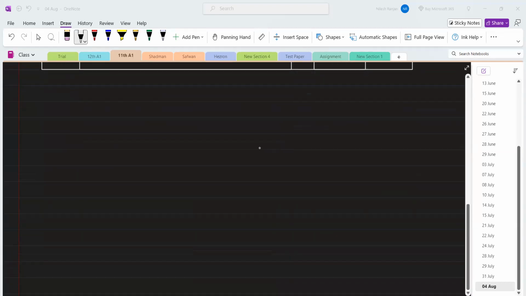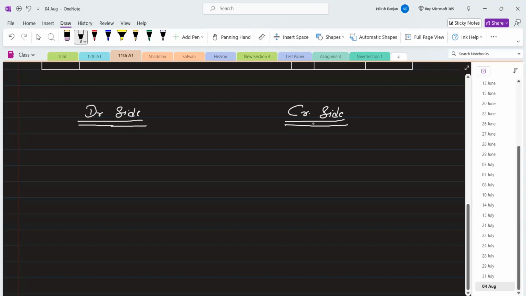Okay. Now we have to decide which account will be debited and which account will be credited. Debit side and credit side. First of all, opening stock.